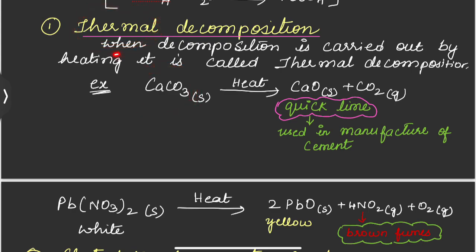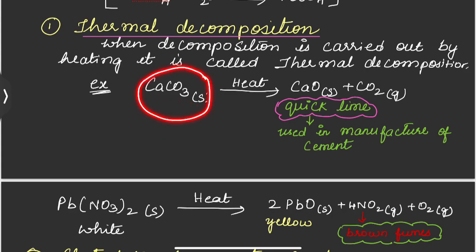When decomposition is carried out by heating, it is called thermal decomposition. For example, take calcium carbonate. CaCO3 is called calcium carbonate. It is a white crystalline solid. Start heating this. We are providing heat.